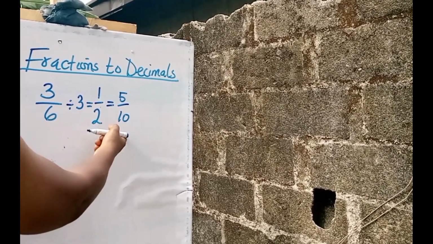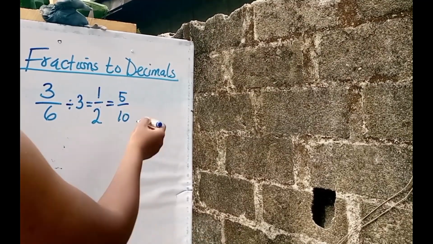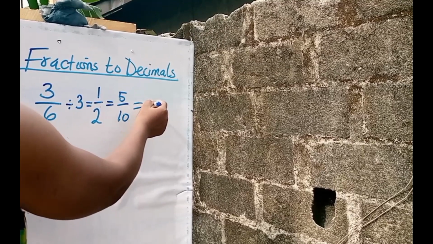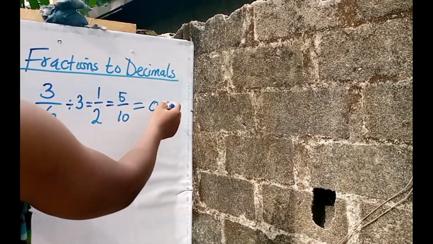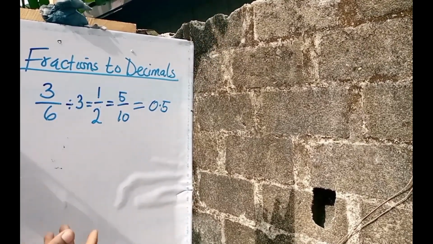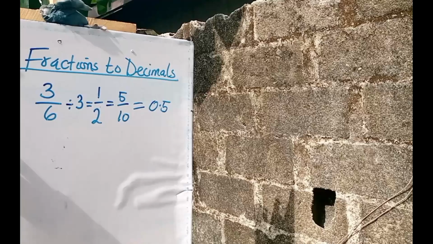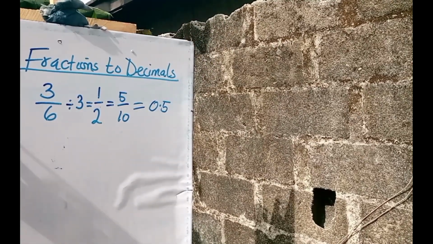On getting to this level, we can change this fraction 5 over 10 into a decimal, and that will give us 0.5.